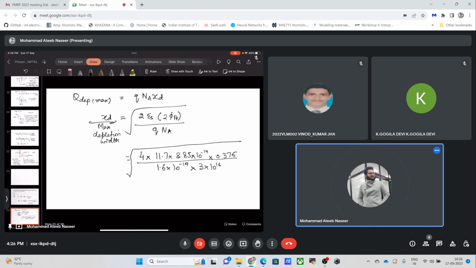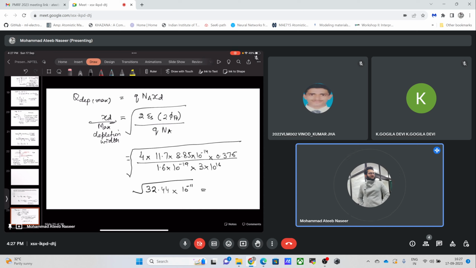So basically it is a large calculation: 4 into 11.7 into 8.85 into 0.376 divided by 3 divided by 1.6. It is 32.444 into 10 raised to the power minus 11 simply.